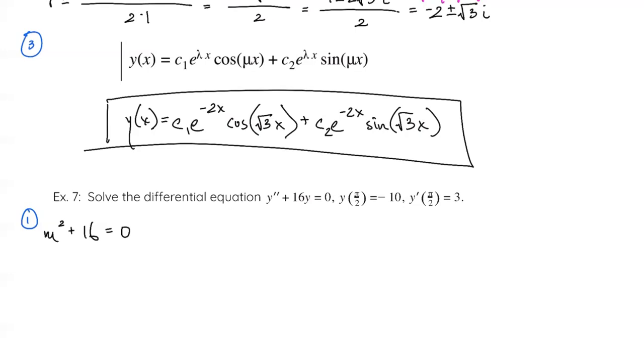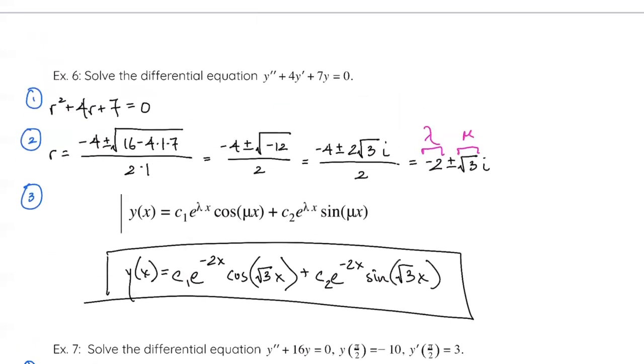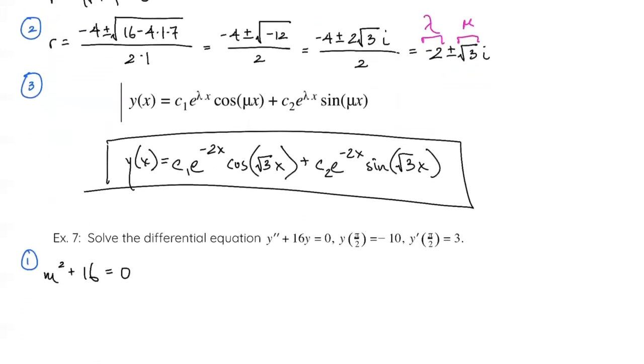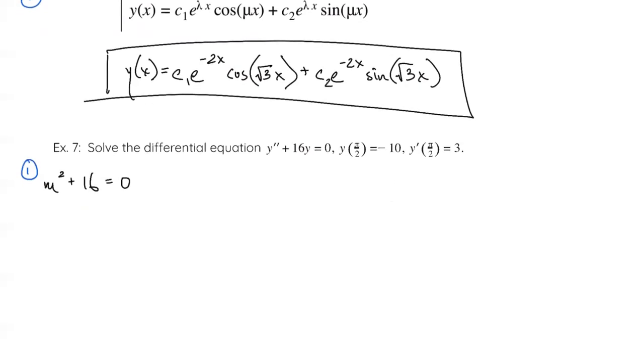If we look at some of the other ones, everything with the y is just the coefficient. It's only the y prime that goes with an r or an m. Sometimes when one of the terms is missing, it's easy to skip over that, and then you've got a different equation with different root solutions, and it's all kinds of a mess. So we want to make sure that it is m squared or r squared plus 16, not 16m or 16r.